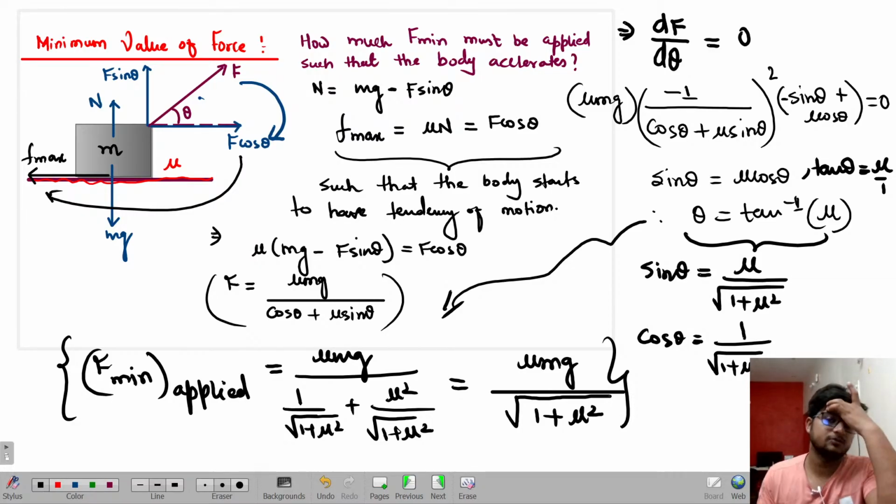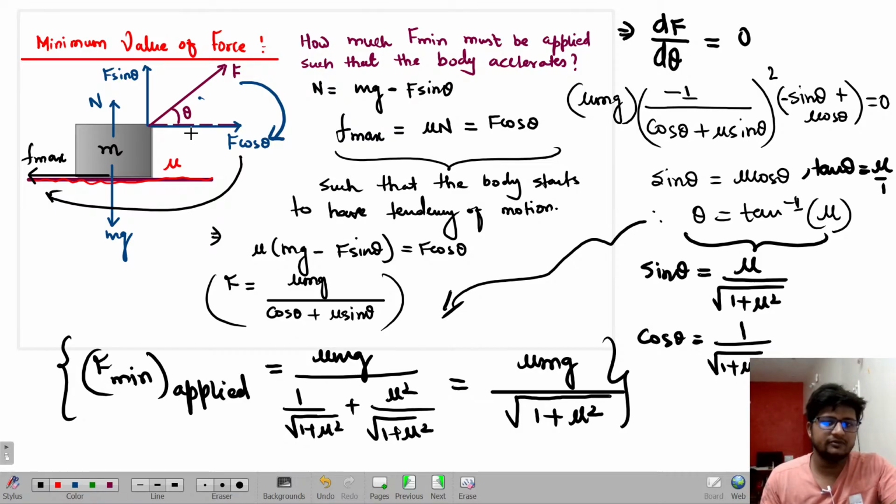Again I repeat, first what did I do? I resolved the force. I found out that how much I can apply my force such that the body can move. But this force, I saw that it was variable on theta. Now I can select a special theta for this, for which I can apply minimum value. I found out that if tan theta is exactly equal to mu, I can apply a force which can be minimum such that the body can easily move.